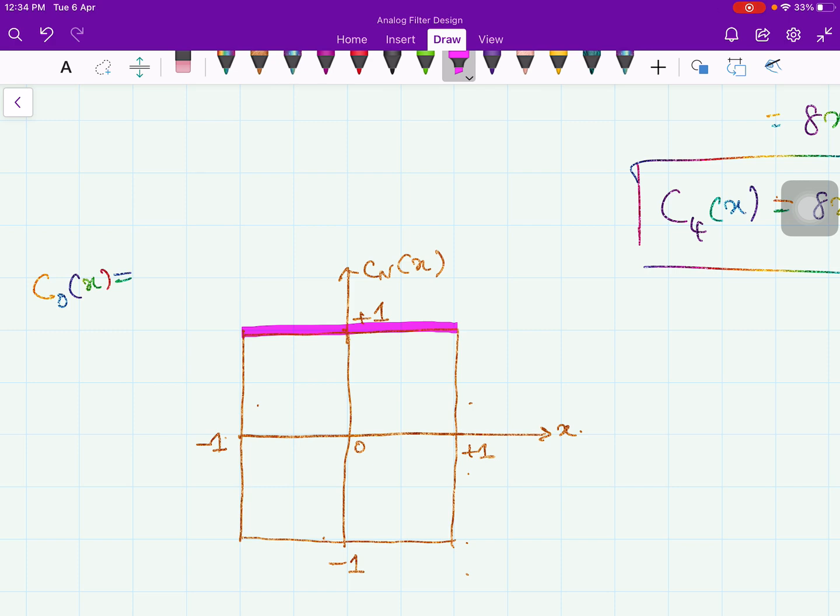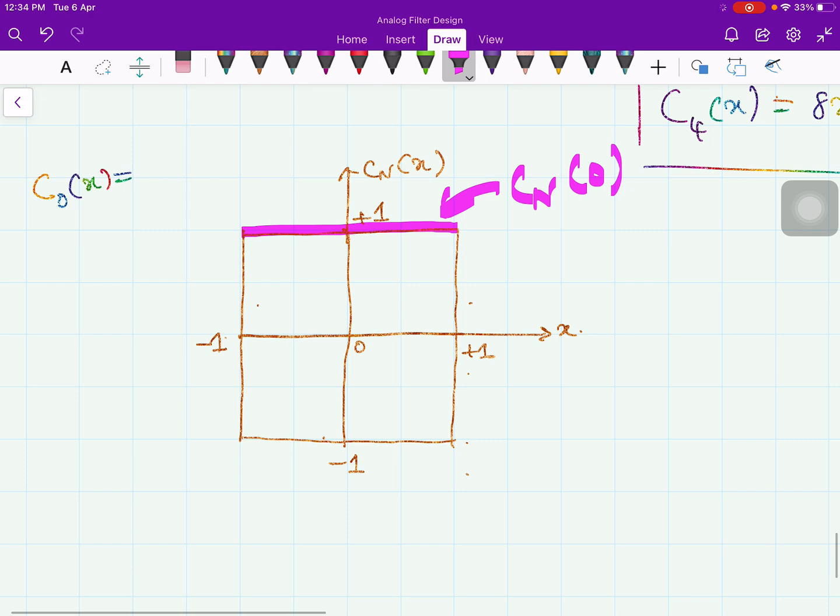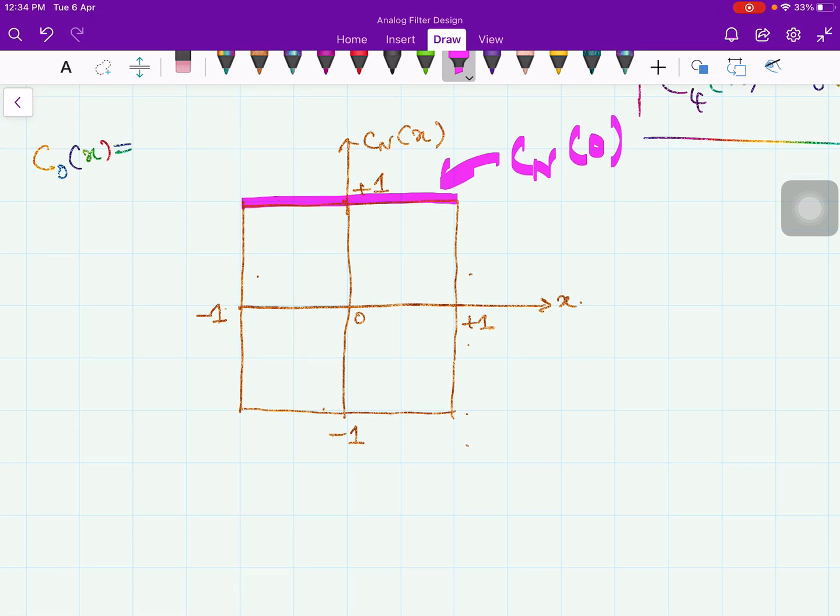It's a pink color. I don't know what color this is. Cn of 0. And then the next one is C1 of x. What is C1 of x? C1 of x is x, and therefore it is a straight line passing through the origin.